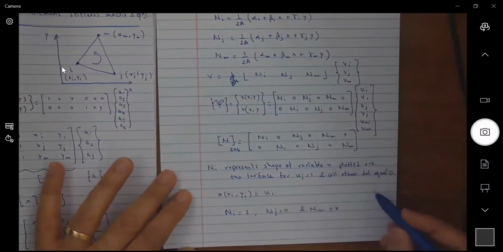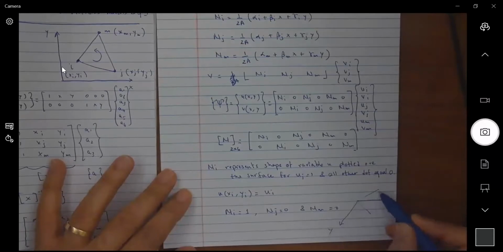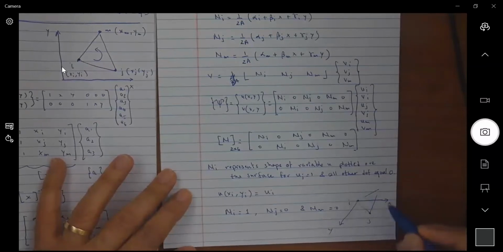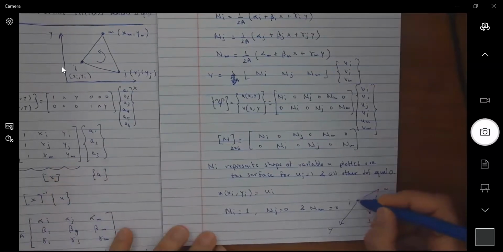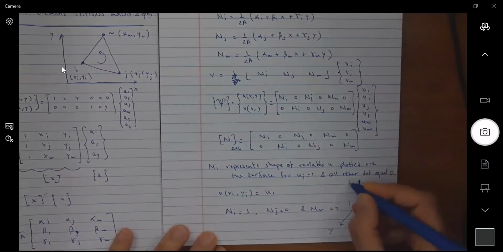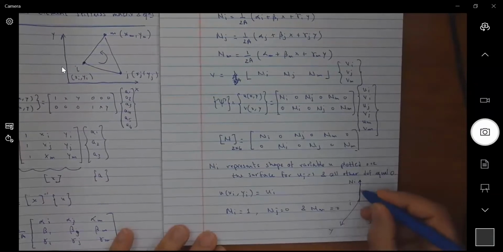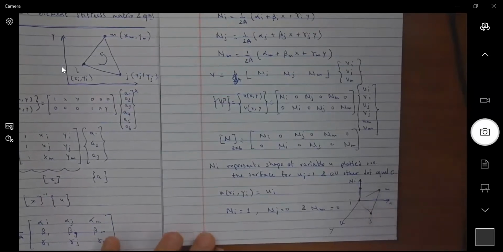If you imagine, if this is X, this is Y, and we have this triangular element, where this is I, this is J, and this is M, this Ni is going to be equal to 1 at I, and equal to 0 at J and M.